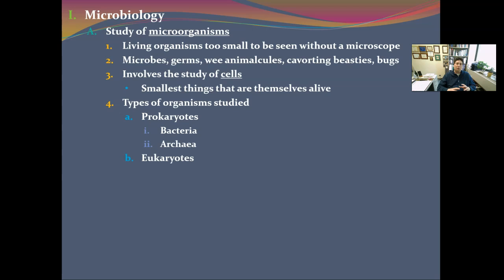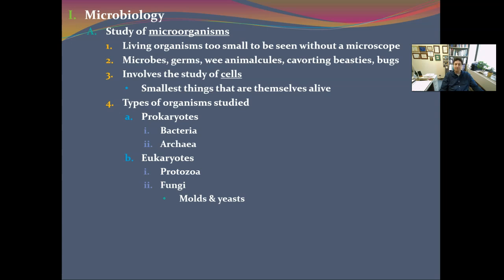Eukaryotes are organisms composed of more advanced cells. These are cells that have a nucleus and have more structure internally. This includes protozoans. Protozoans you might have heard of as plankton. These are little single-celled eukaryotes you might find in pond water or in the ocean. Fungi are molds and yeasts.